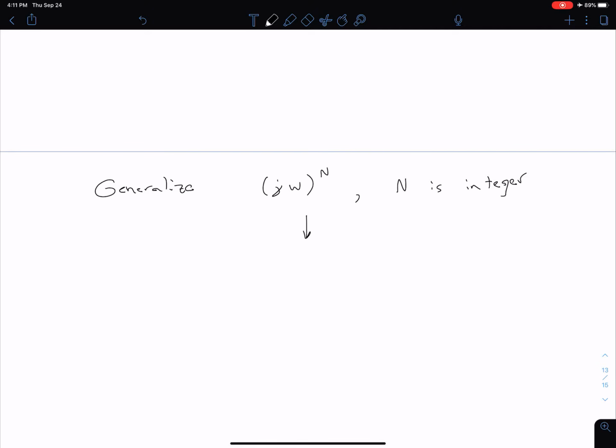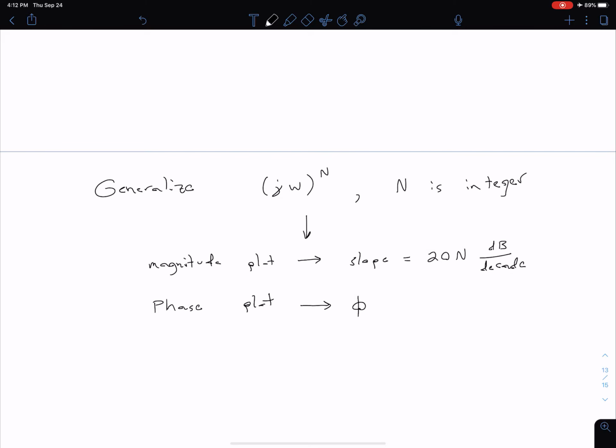And so for our magnitude plot, we're going to have a slope that's equal to 20 times capital N dB per decade. And for our phase plot, we're going to have a frequency independent phase with a phase angle that's equal to 90 times n degrees.